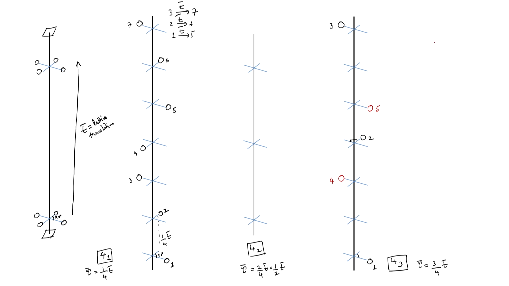Just for example, let me show you this. Going from, how do I go from 5 to 2? To go from 5 to 2, I must rotate through 90 degrees and then go minus 1 upon 4 t.